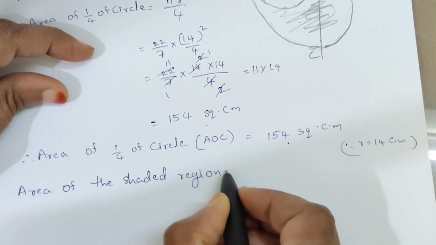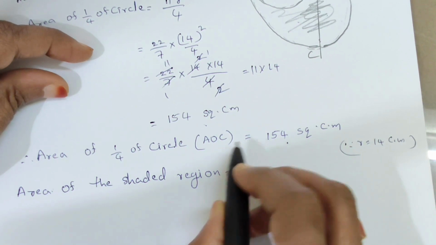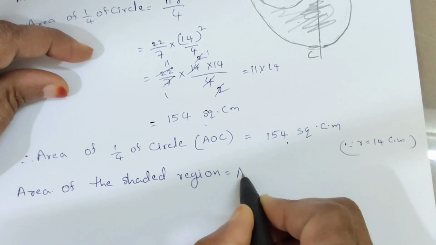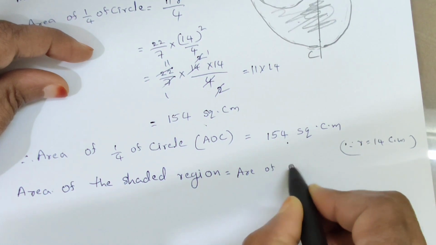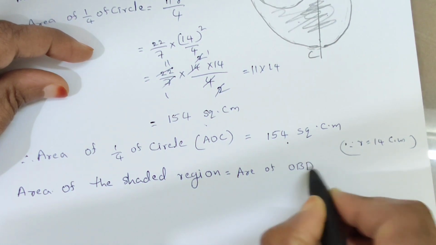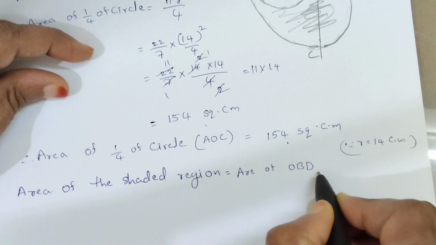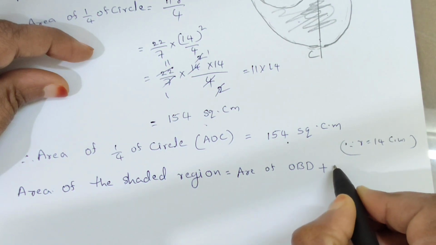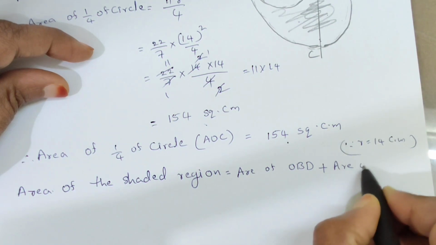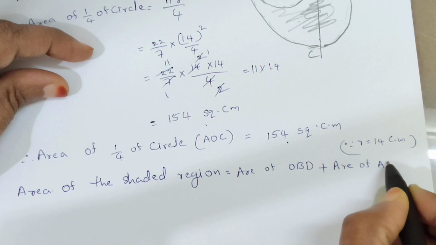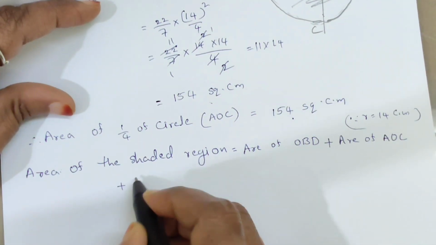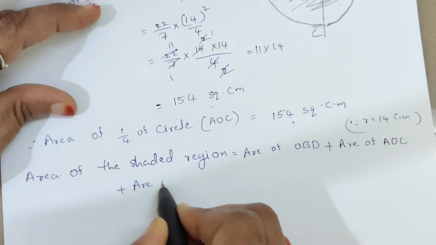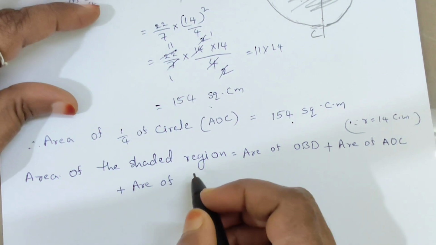The area of the shaded region is equal to the area of quarter circle OBD plus area of AOC. Next we write the area of the two semicircles.